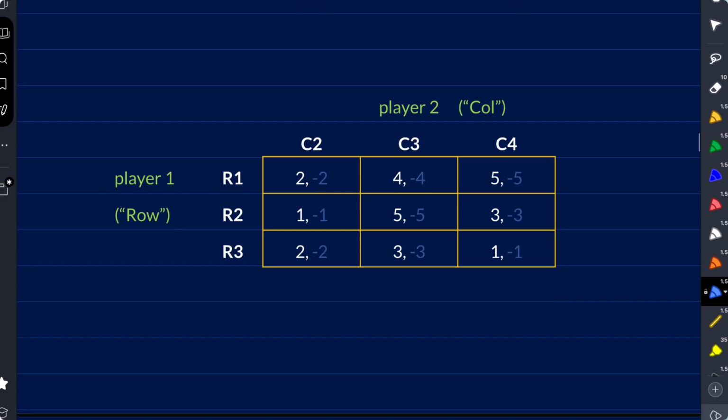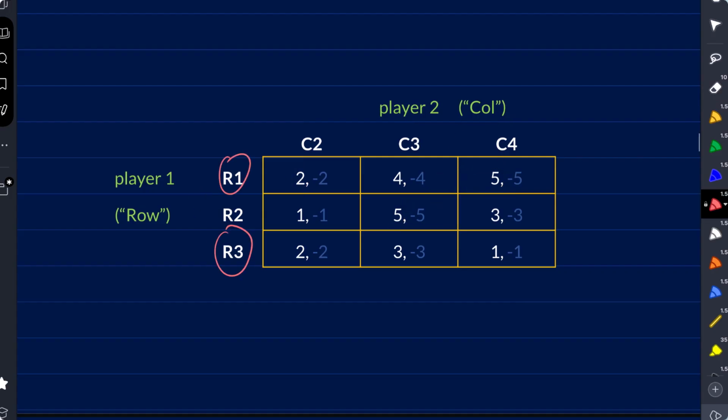Now we want to do the same thing, see if any of player one's strategies dominate any others. So we'll start with R1 and R2. If C2 happens, R1 is better. If C3 happens, R2 is better. And if C4 happens, R1 is better. So neither one of those dominates the other.